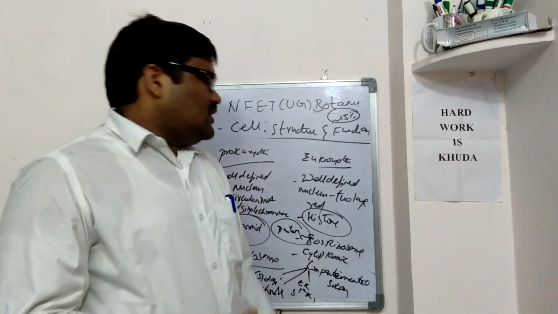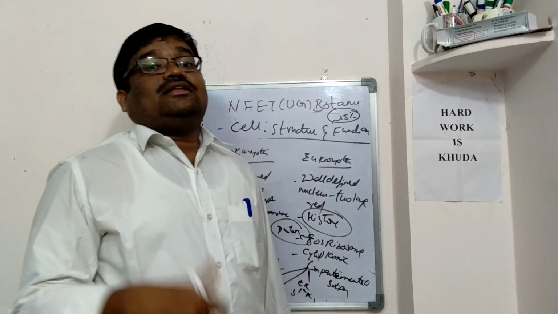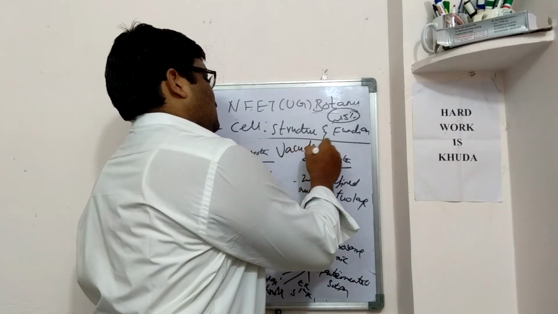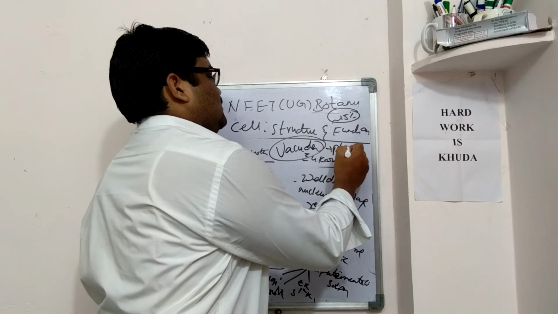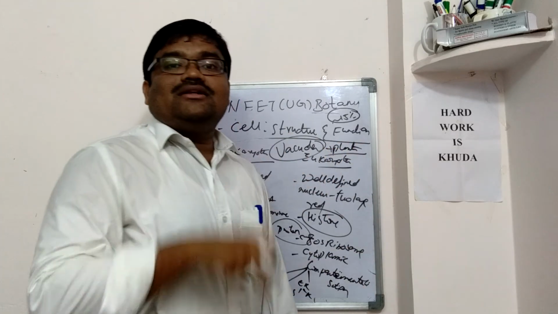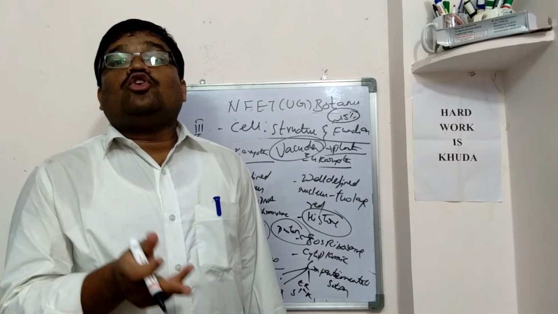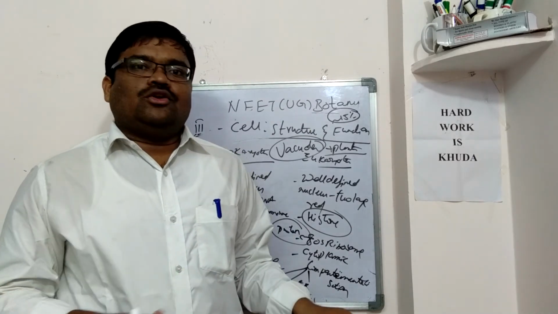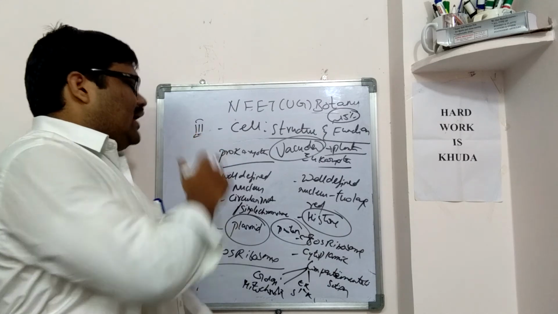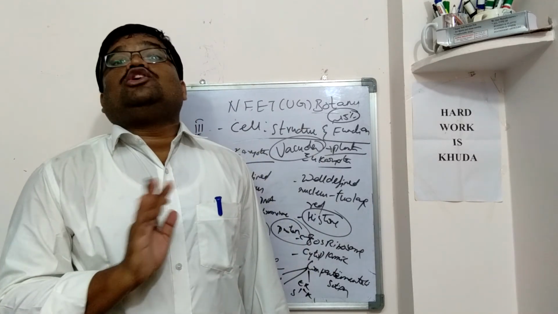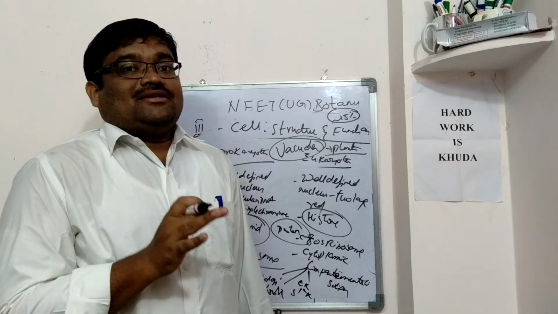So here the thing is, in case of eukaryotic cells, in case of plants, there are vacuoles. In animals, there is no cell wall. In case of plants, there is a cellulosic cell wall. This is very important. But in case of prokaryotes, there is a cell wall, but it is not cellulosic, it is made up of polysaccharide plus amino acids.